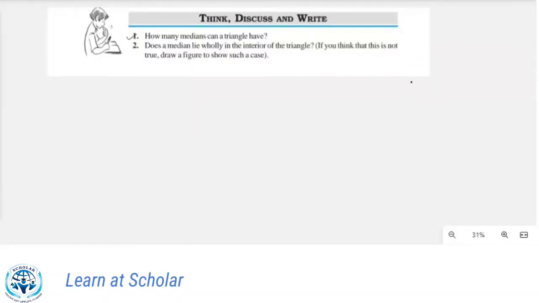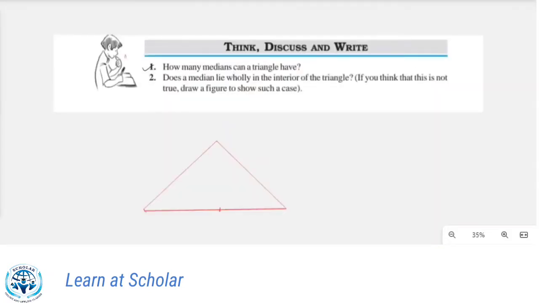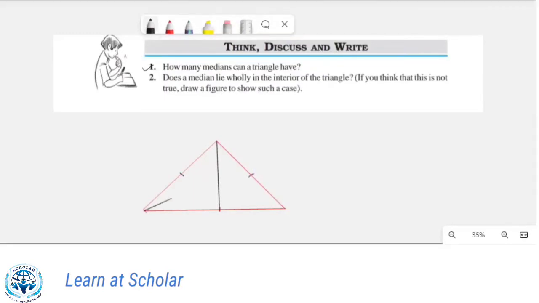How many medians can a triangle have? Let's draw the triangle and find out. I have already explained the concept of medians and altitudes. But when you have to write the answer in the exam, you have to draw the triangle and write the answer as a triangle can have three medians and the meeting point is called centroid.